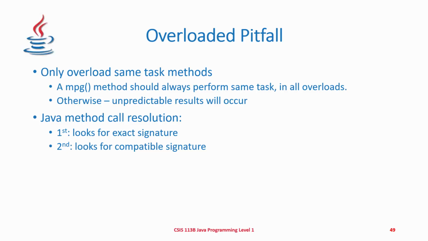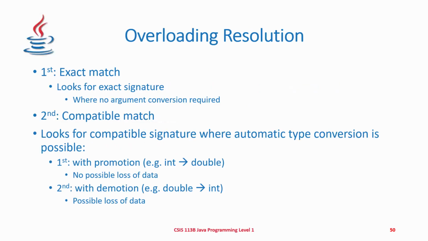So just getting back to the Java virtual machine, as far as which methods get called, the first thing the JVM does is look for an exact signature of the name that you're using to call the method. And then second, it looks for a compatible signature. Digging in on that concept a little bit deeper here.